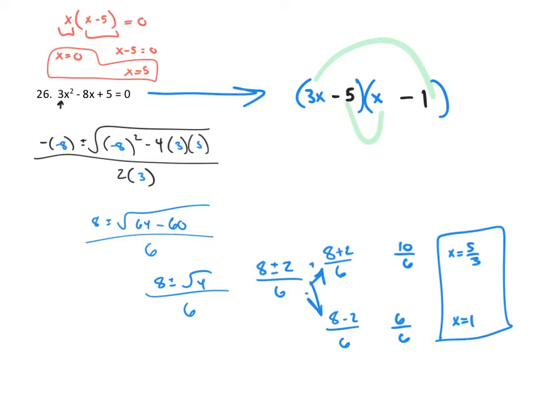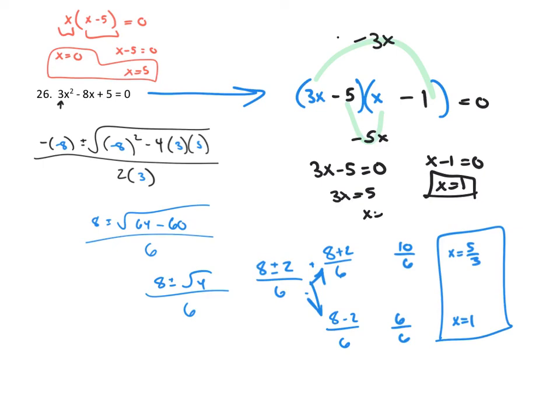Because 3x times negative 1 is a negative 3x. Negative 5 times x is a negative 5x, and those do in fact combine together to give us the negative 8x. And then if you would have used the zero product property and solved, you would have gotten the exact same answers that we got from the quadratic formula.